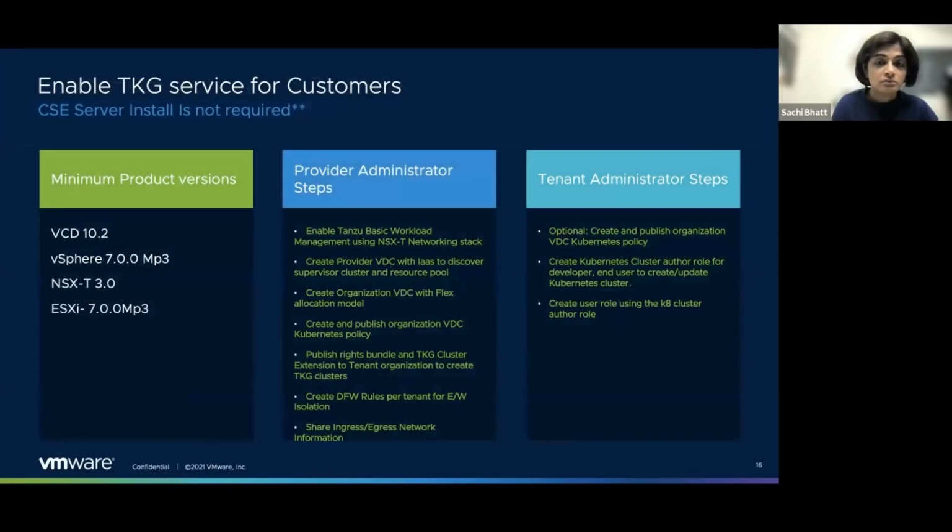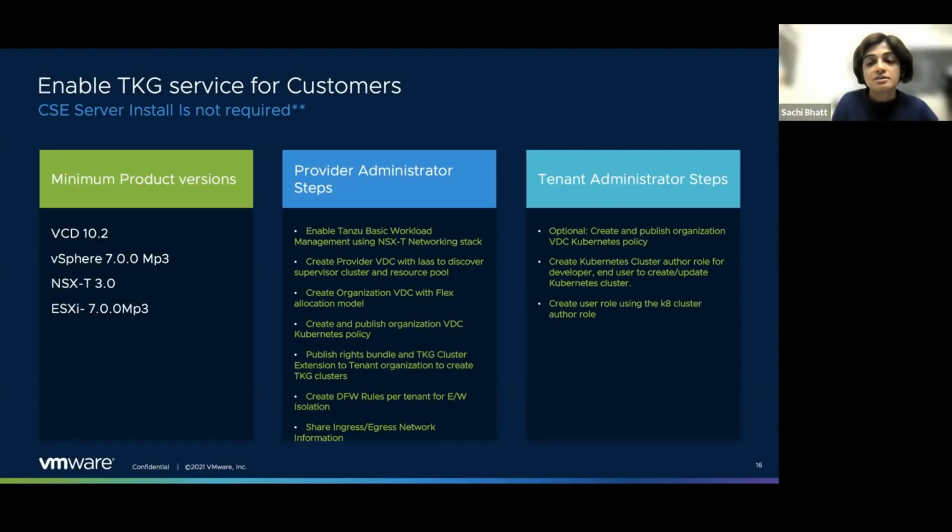Got it. So just to cover, TKGS support started with VCD release 10.2. And these are the minimum versions that we started with: ESXi and vSphere at 7.0 U3, and NSX-T at 3.0. All the other documentation is available today about tenant and customer onboarding.